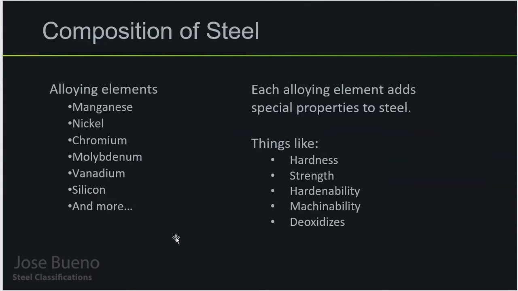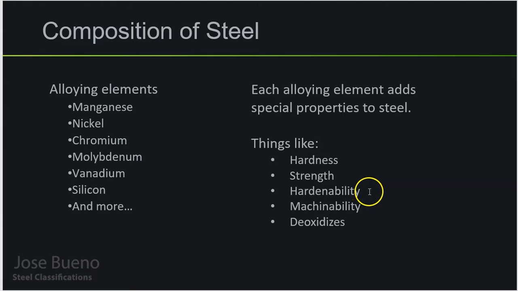When we start looking at the alloying elements, these are just a few things that are added to steel to change some of the physical properties. And when I'm talking about physical properties, this is what I'm talking about right here. So how hard is the steel? How strong is the steel? The hardenability.